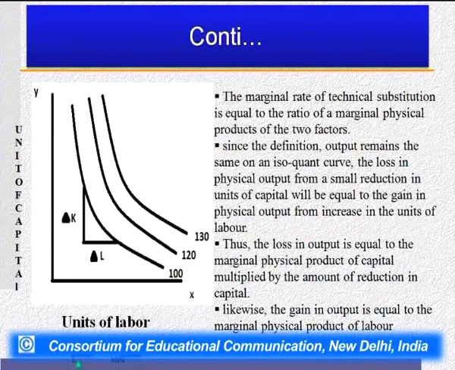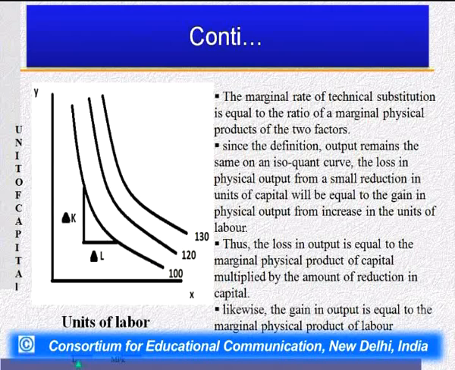The marginal rate of technical substitution is equal to the ratio of marginal products of the two factors. Since, by definition, output remains the same along an isoquant curve, the loss in physical output from a small reduction in units of capital will be equal to the gain in physical output from an increase in units of labor.